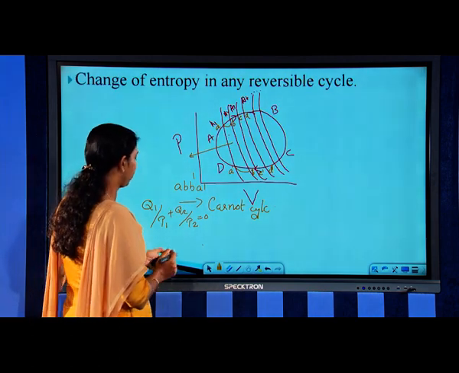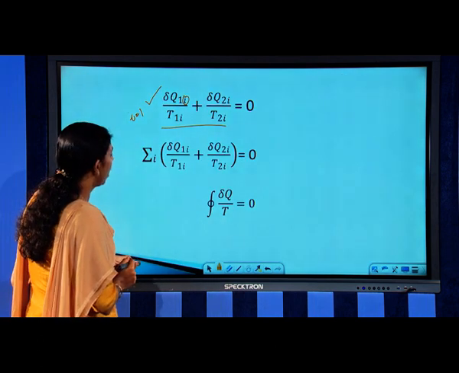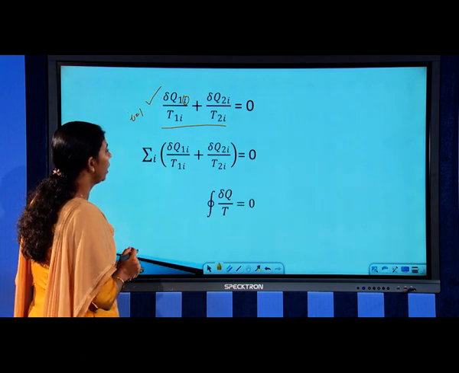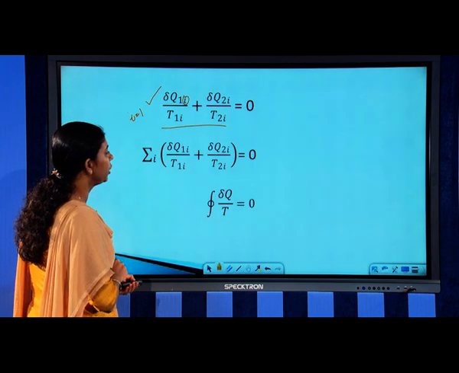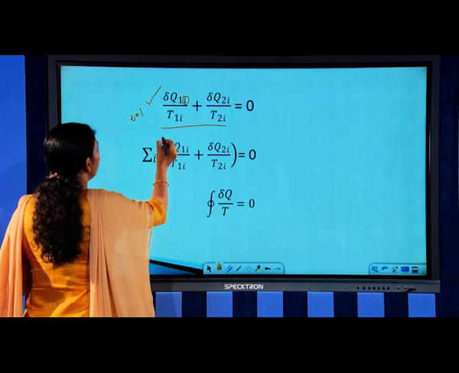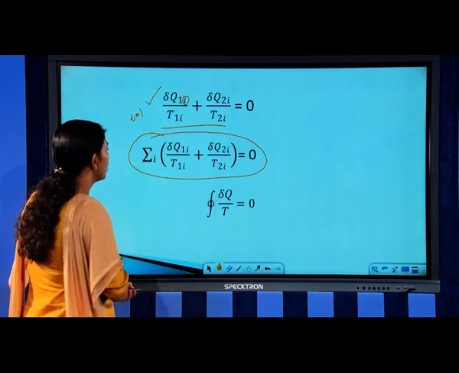Then the summation over i of delta Q1i divided by T1i plus delta Q2i divided by T2i is equal to 0. Here, this is the sum over different Carnot cycles.